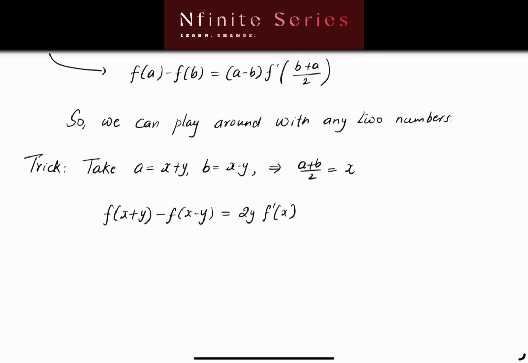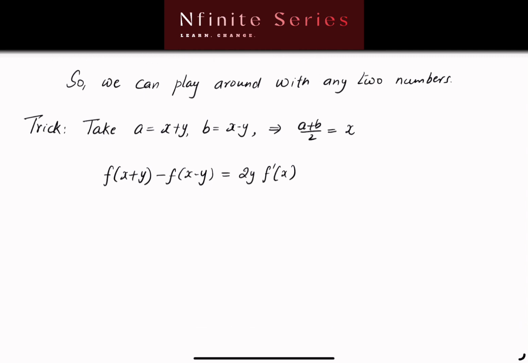Now what we do is, because we want the double derivative in the picture, we differentiate both sides with respect to y. So derivative of the first term with respect to y minus derivative of the second term with respect to y is equal to 2 times the derivative of y with respect to y, because f prime x only depends on x. It is a constant in this case.